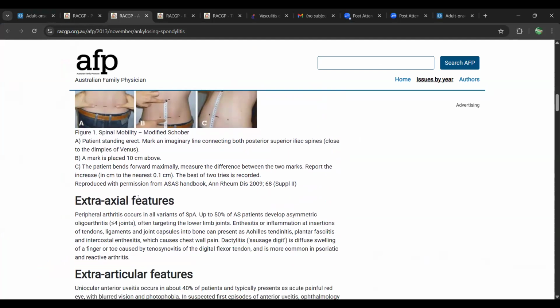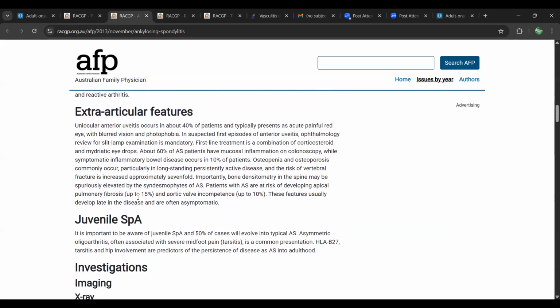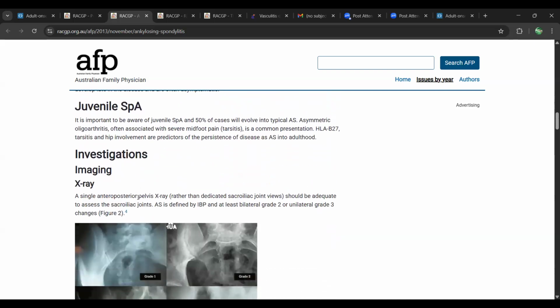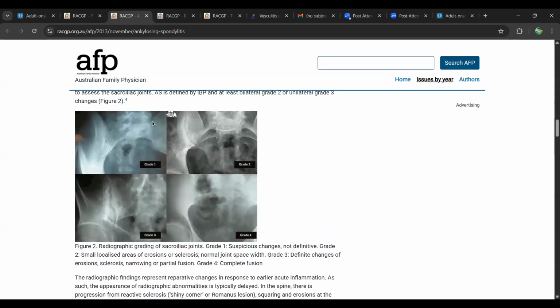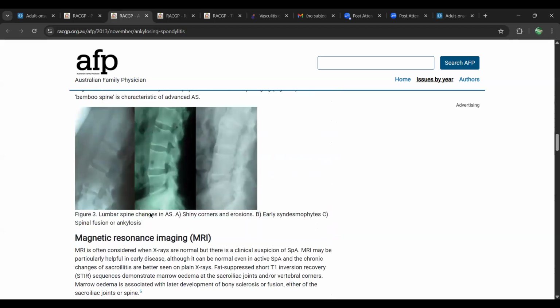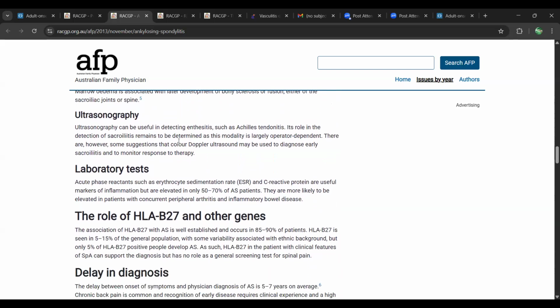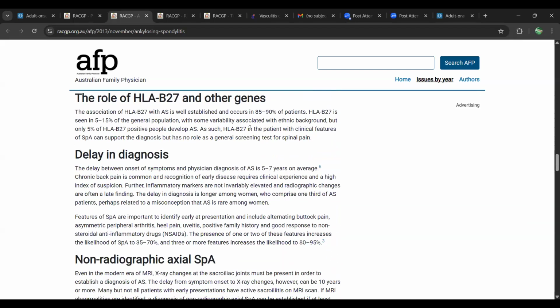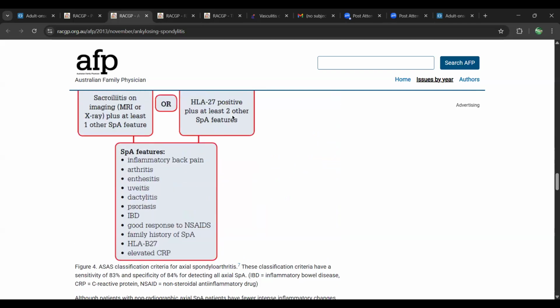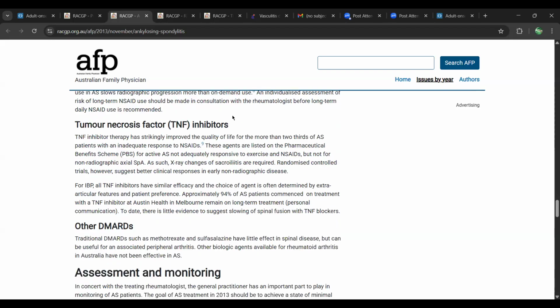Difficulty in flexion onto the side, right? There are some extra-articular, extra-axial features, and these are some of the X-ray findings, right? So this is what I put on the slide. And the MRI shows sacroiliitis, and there are some genetic stuff. So this is from the guidelines, right?